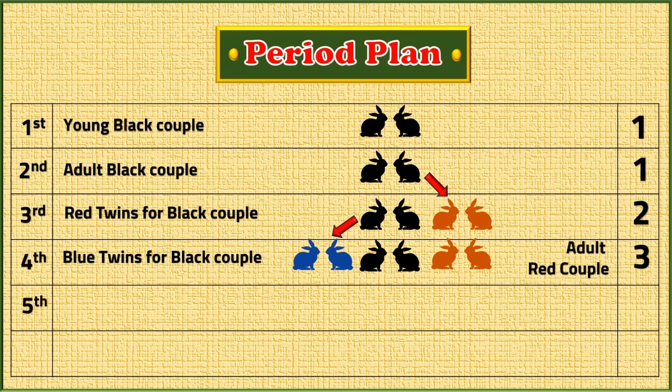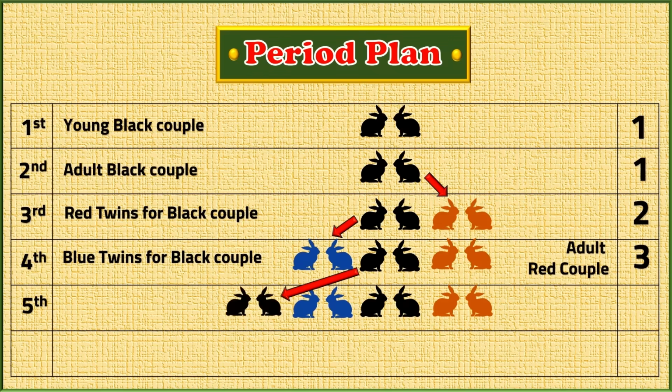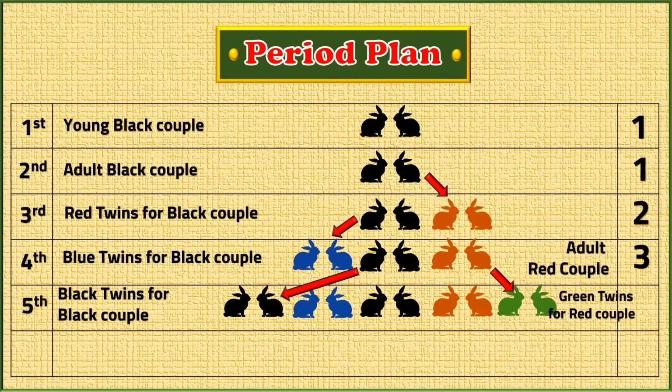In month 5, the original and month 3 pair reproduce 2 new pairs. Black twins for the black couple, green twins for the red couple. Total 5 pairs.